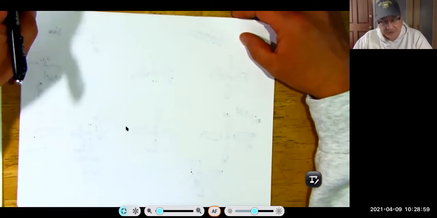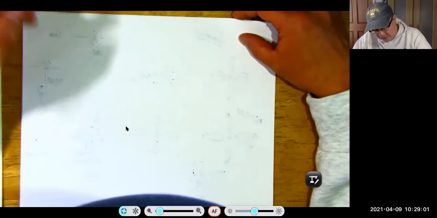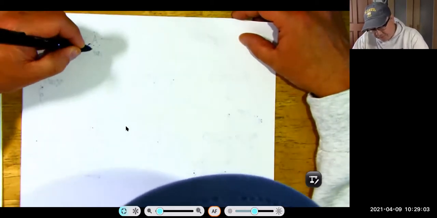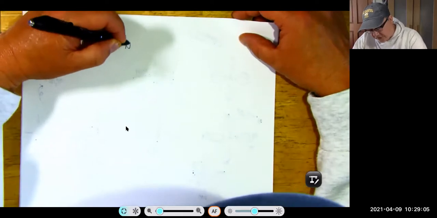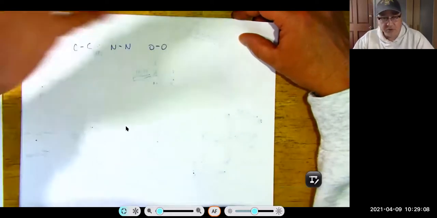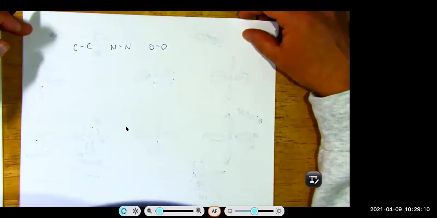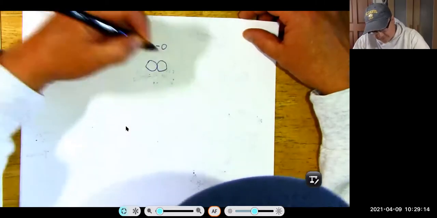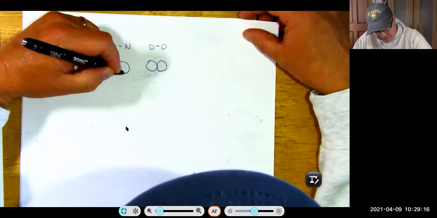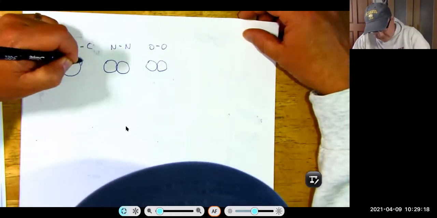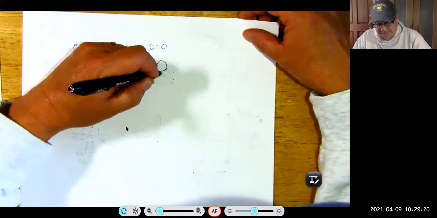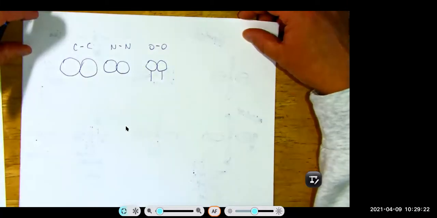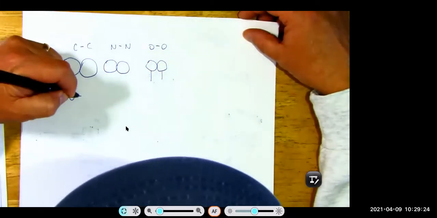Although some of those you can do. Like what would you expect? A carbon-carbon, nitrogen-nitrogen, or oxygen-oxygen? Which one would you expect to be shorter? The oxygen. Right, because the oxygens are smaller. So this should be shorter. Fair enough? Yeah. You should be able to answer these questions too.